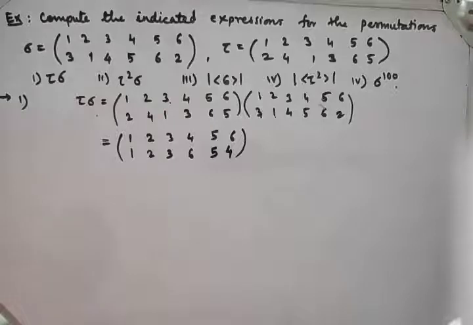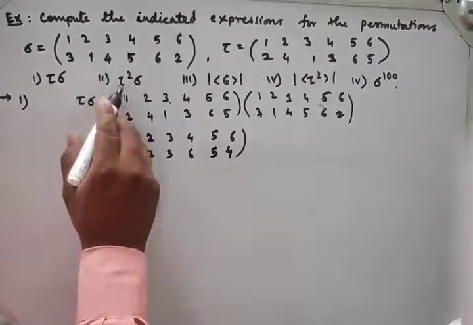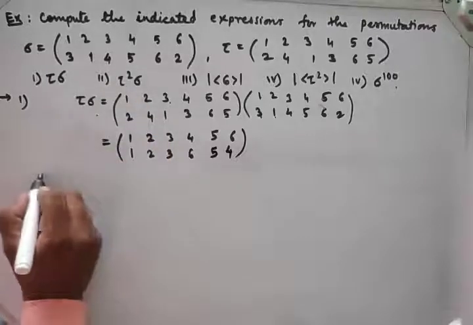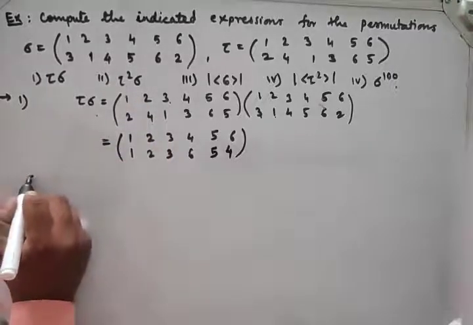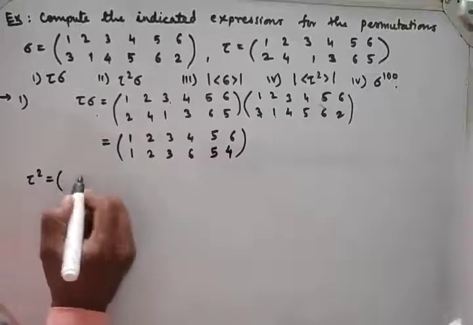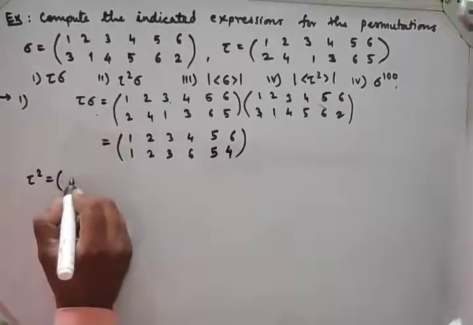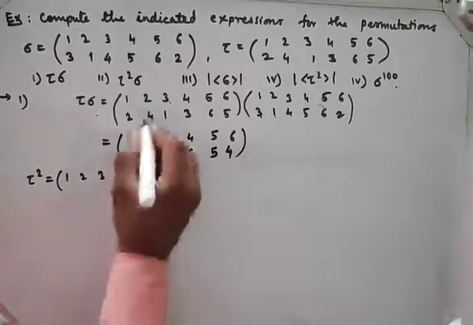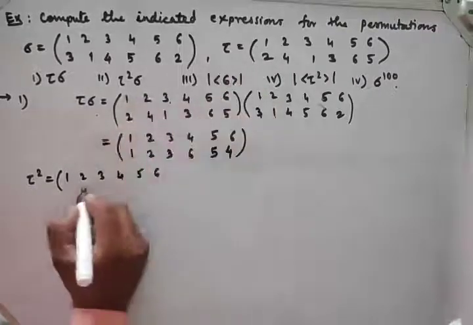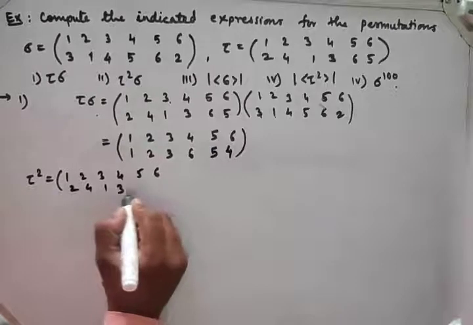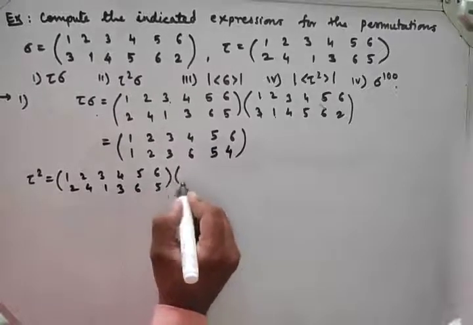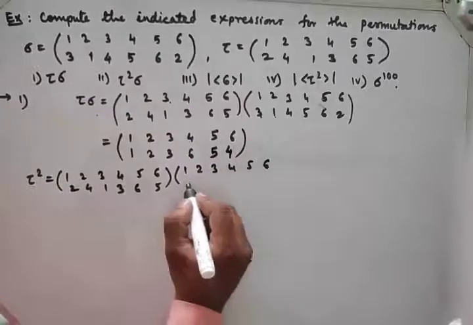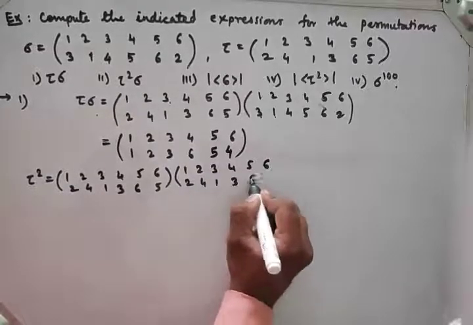Now, to find tau square sigma, first find tau square. Tau square is nothing but tau into tau. Tau is 1, 2, 3, 4, 5, 6 going to 2, 4, 1, 3, 6, 5, and again tau is 1, 2, 3, 4, 5, 6 going to 2, 4, 1, 3, 6, 5.